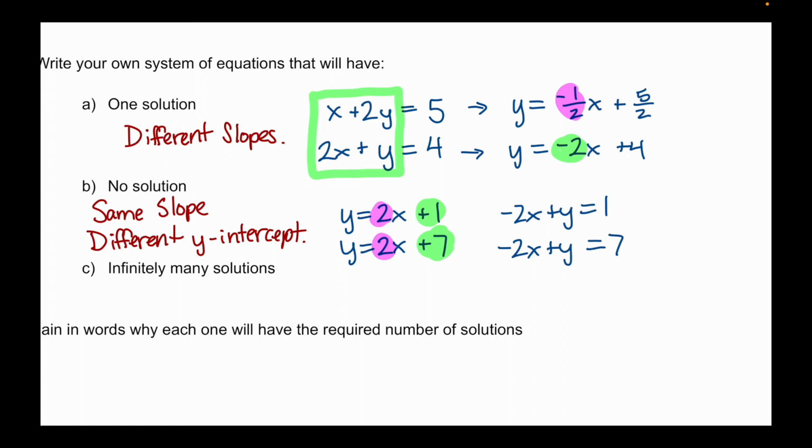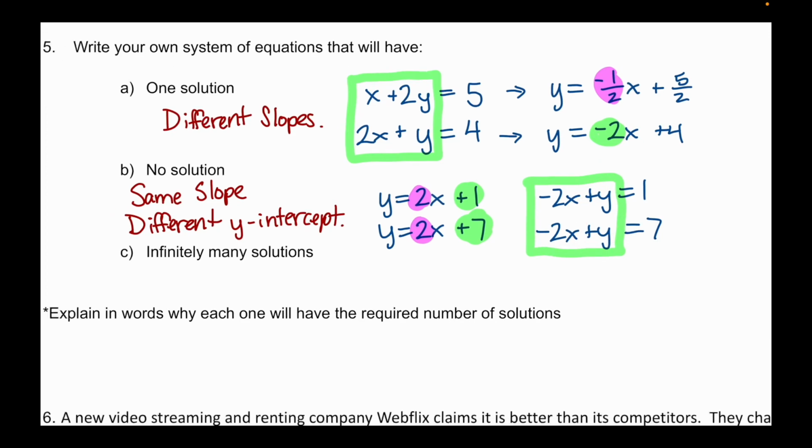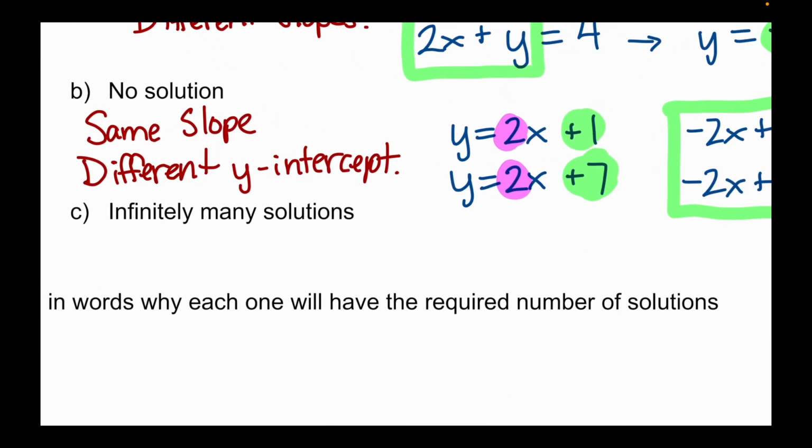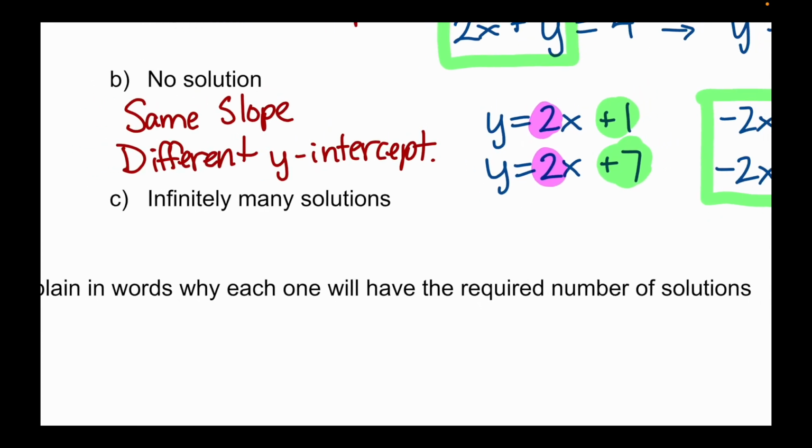So when you look here, you can see a little more what I mean: on our previous one, the coefficients were a little bit different from each other. Like x was 1 and 2, and then y was 2 and 1. But here I have the same coefficients, so if I did elimination, they would all kind of cancel each other out.